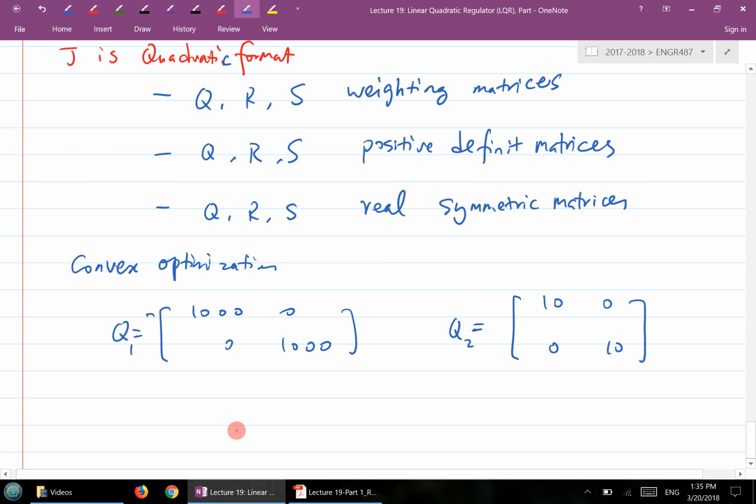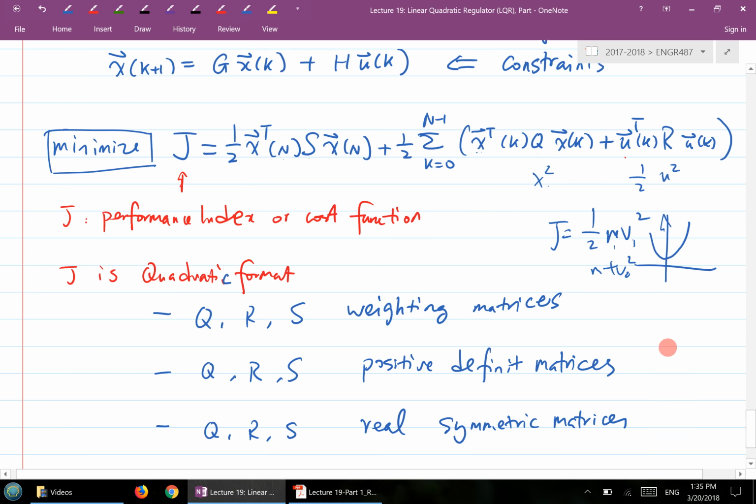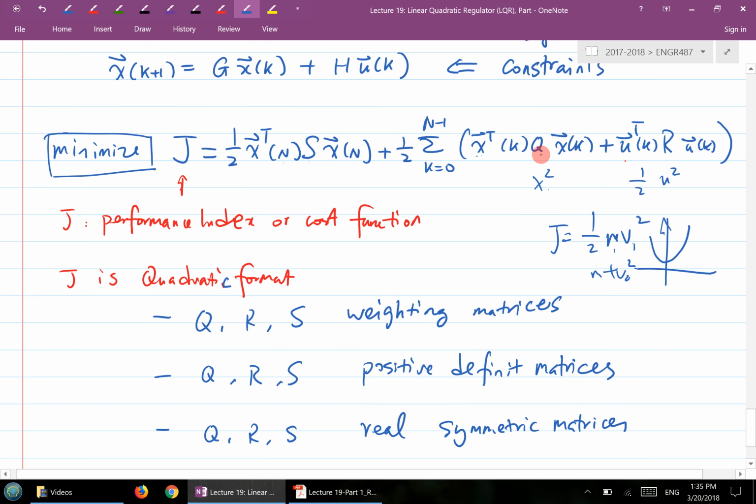What is the difference between these two choices, Q1 and Q2, then? If you first try Q1 as 1000, and second you try Q2 as 10, what does that mean? What's the implication on the minimization of J here?